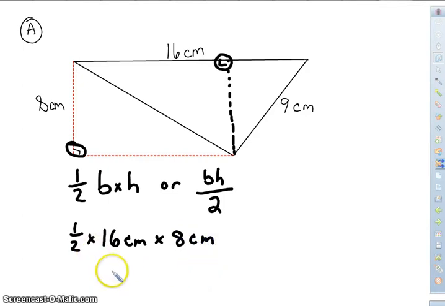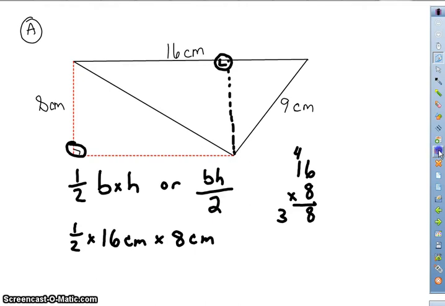Now you're going to simply multiply those together. You can simply plug those in a calculator, or you can multiply them by hand, doesn't matter. 16 times 8: 8 times 6 is 48, and then 8 times 1 is 8, plus the 4 is our 12.